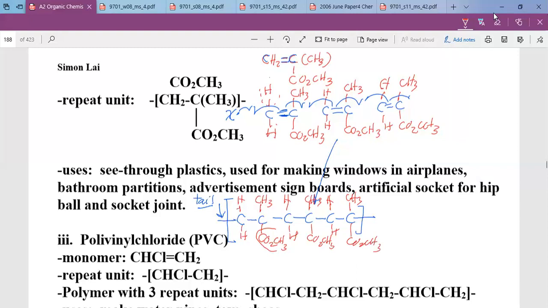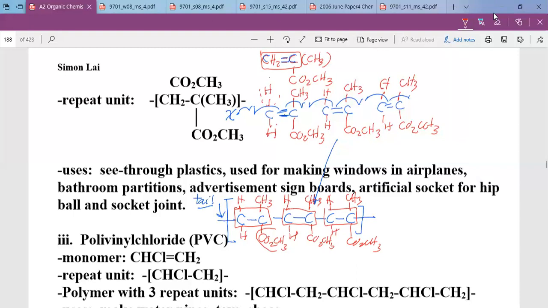So remember, these 2 carbons came from where? They came from the original monomer where the double bond is. See? So you must understand, every 2 carbons will form your monomer. Very important, I'll show you why after.